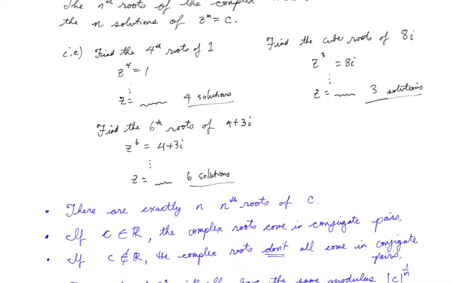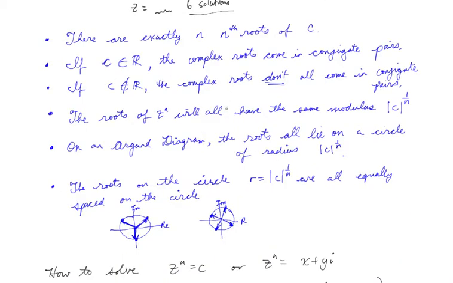So let's look at the properties of the roots of complex numbers. There are always going to be exactly n number of nth roots. So if I had 4th roots, I would have 4. If I was looking for the cube roots of c, I would have 3 roots.